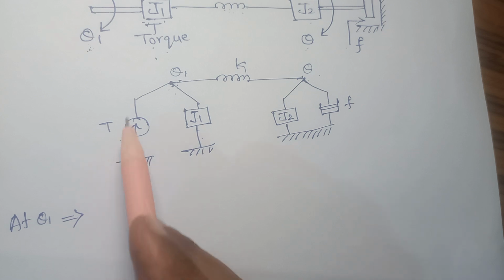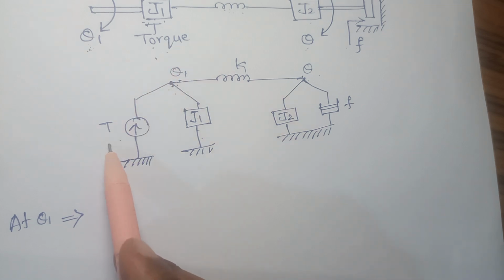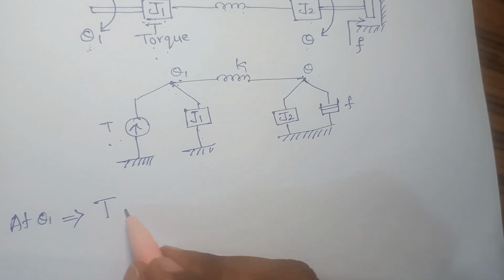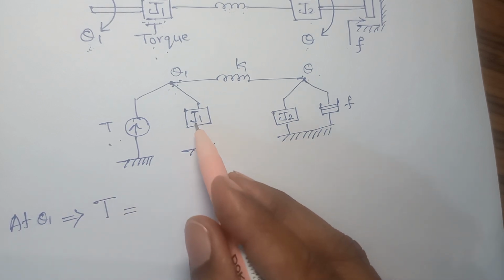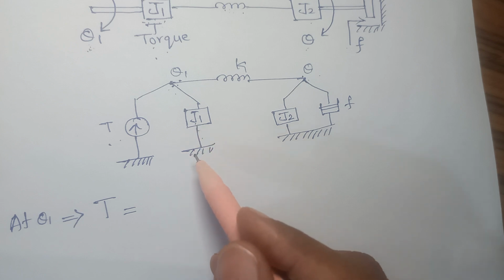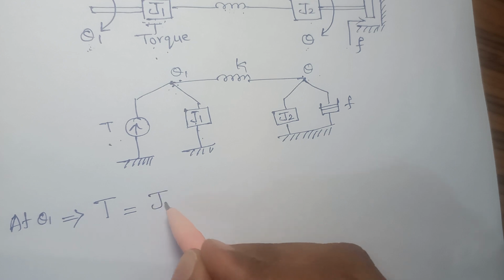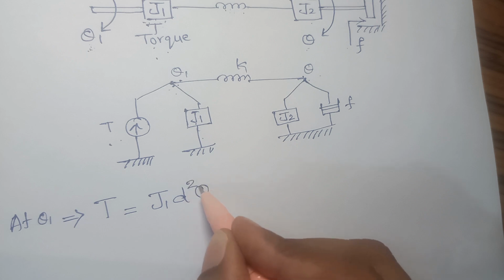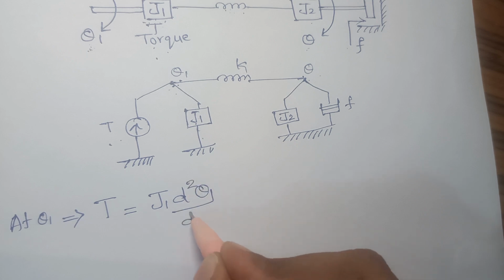Here you are applying the force, which is represented by the torque. Therefore on the LHS you will get T is equal to J1, which is similar to the mass in the translational systems, along with the acceleration. Here you get the angular acceleration, the double differentiation of your angular displacement.